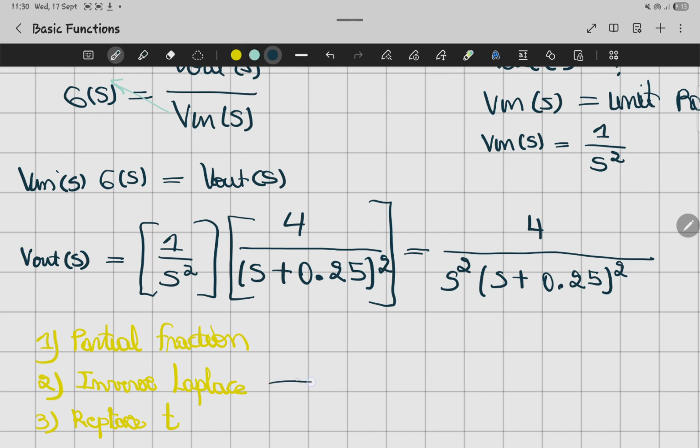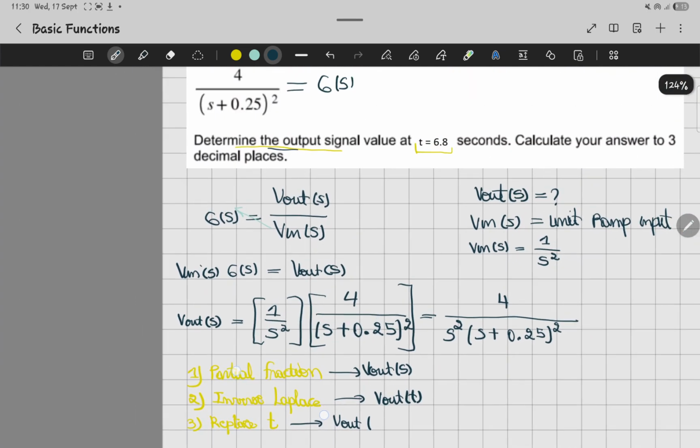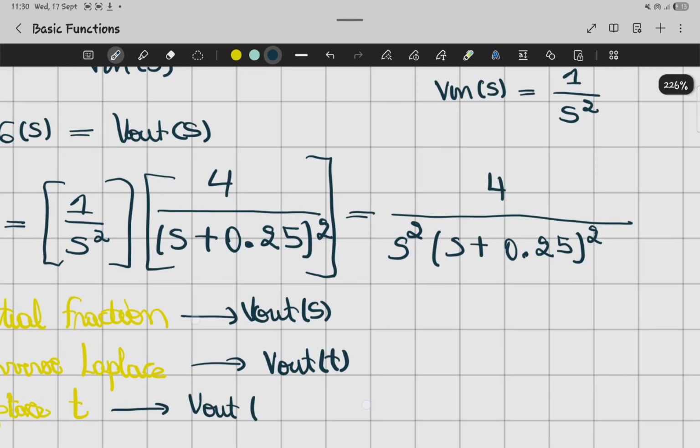So when you take the inverse Laplace, you're going to have v of t. Here you still have V out, but you just solve for V out by breaking down the equation, so then you can apply the inverse Laplace. And here you're going to have v of t, and the value of t is 6.8.